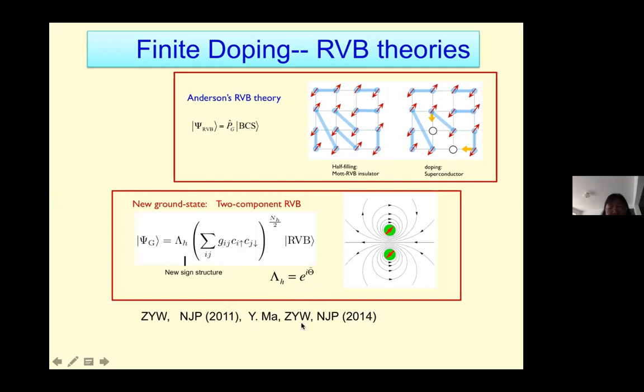For example, Zheng Yiyeng proposed the phase string theory. The starting point is that for a doped hole, there will be a spin texture around the doped hole. So maybe the dressed hole can form the pairing.